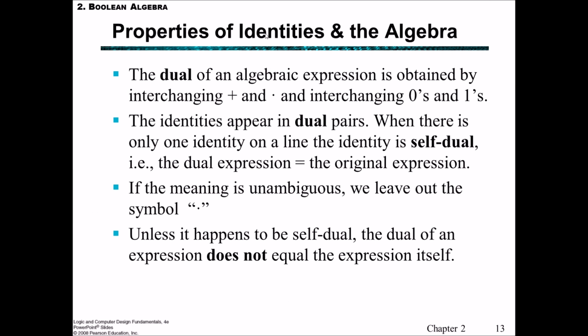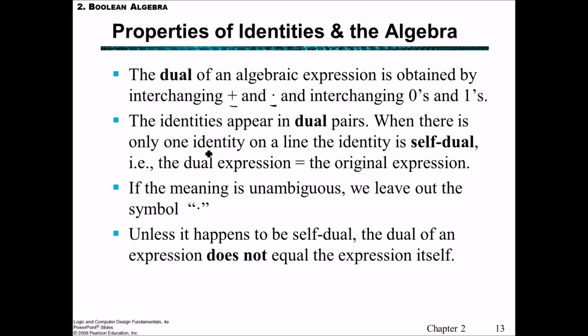In terms of the properties of the algebra, we have something called dual and self-dual. The dual of an algebraic expression is obtained by interchanging the ors and the ands, that is, interchanging the plus operator and the dot operator, and interchanging the zeros and the ones.